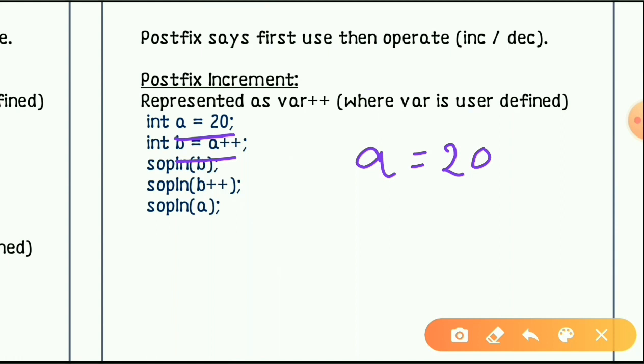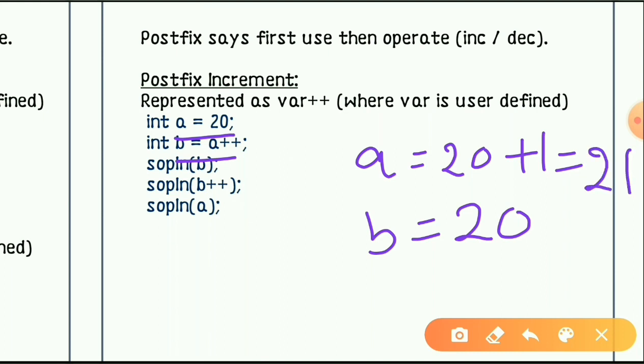Then we are not going to perform addition, or you can say we are not increasing the value by 1, but what we are doing, we are simply giving the value of a to b. So the value of b is 20 over there, but for the next operation your value is incremented by 1. Your value will be incremented by 1, hence the value of a will become your 21.